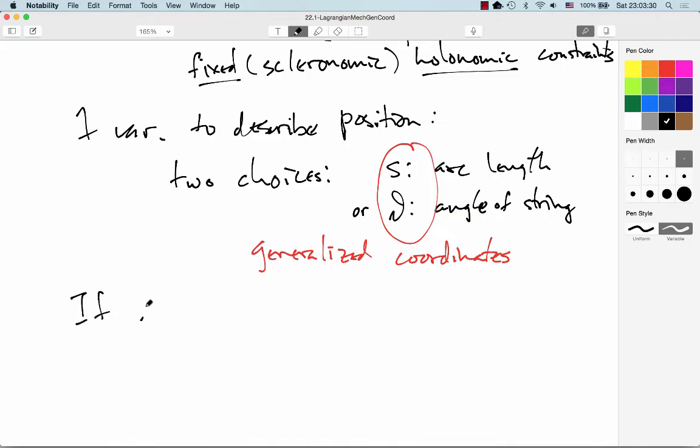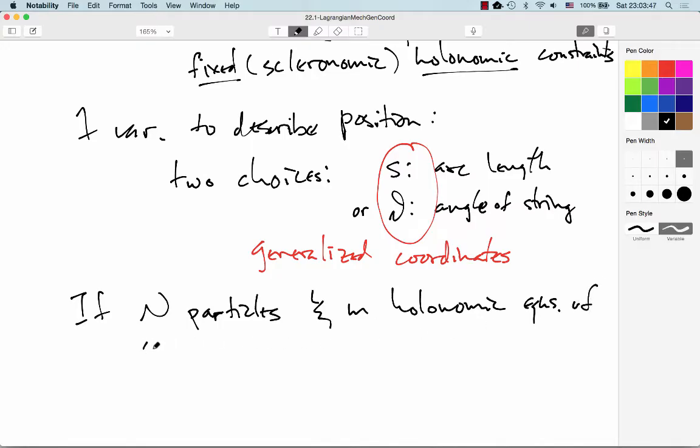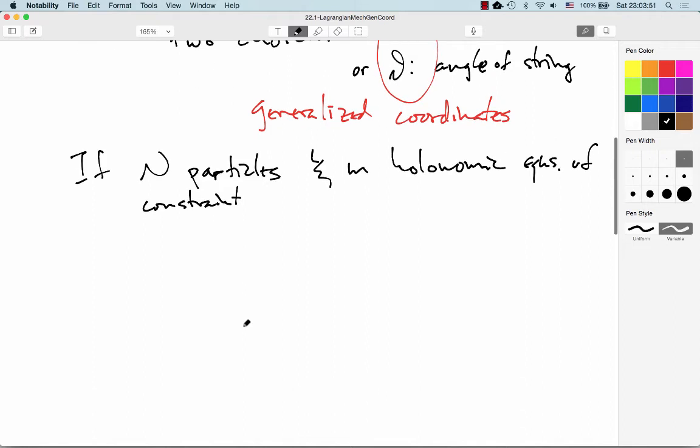Well, if you have n particles and m holonomic equations of constraint, the number of degrees of freedom in the system, S, is equal to 3n minus m.